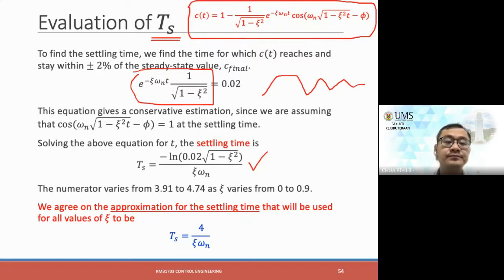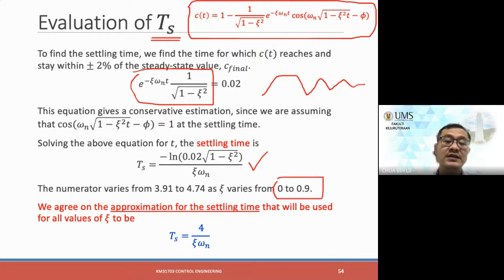Okay, so this is a more exact evaluation, but this may not be fast enough sometimes, right? So if we evaluate this, what happens is that we will see that the numerator on this upper side, for the damping ratio ranging from 0 to 0.9, ranges from 3.91 to 4.74.